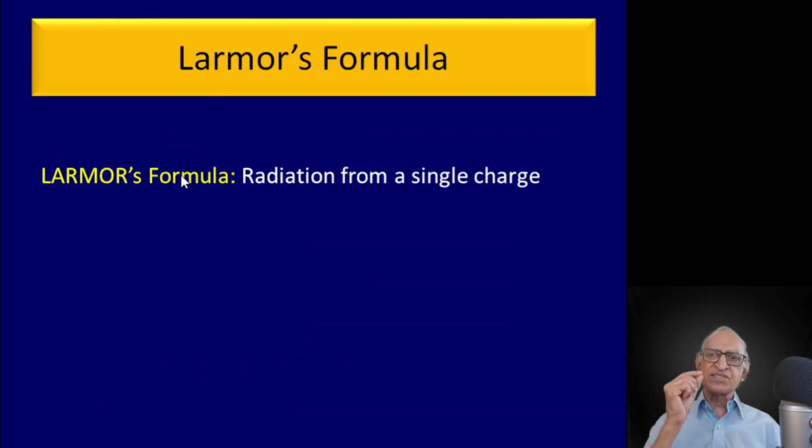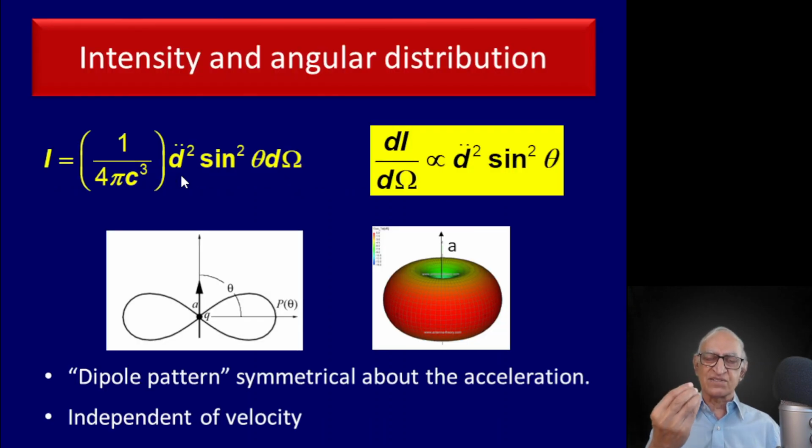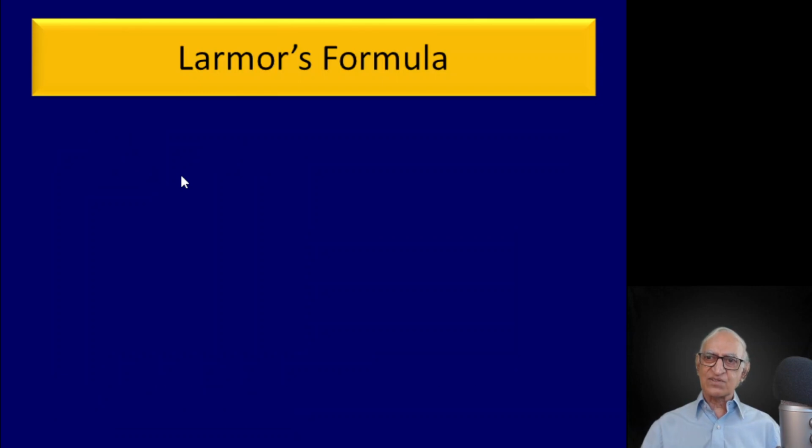Now let us consider a single charge which is moving and which is accelerating. What is the intensity of radiation? What does this theory give for a single charge? Now that was calculated a long time ago by a physicist named Larmor, and this is known as Larmor's formula.